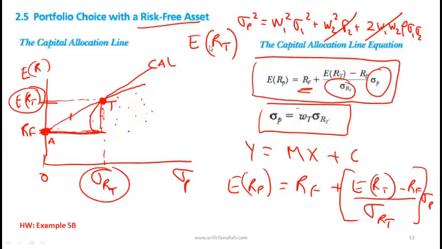So that means your standard deviation is W1 times sigma 1, where W1 is the weightage of T. So your portfolio standard deviation is the weight of T times the standard deviation of portfolio T. What have we done? And what do you need to memorize? You need to memorize what the CAL is and what the formulas for the CAL are.